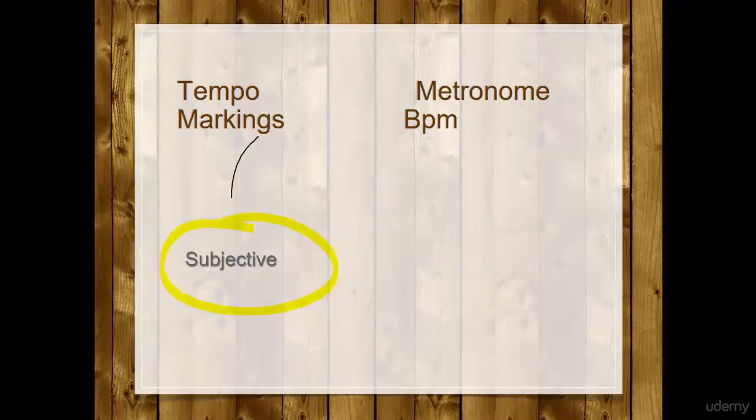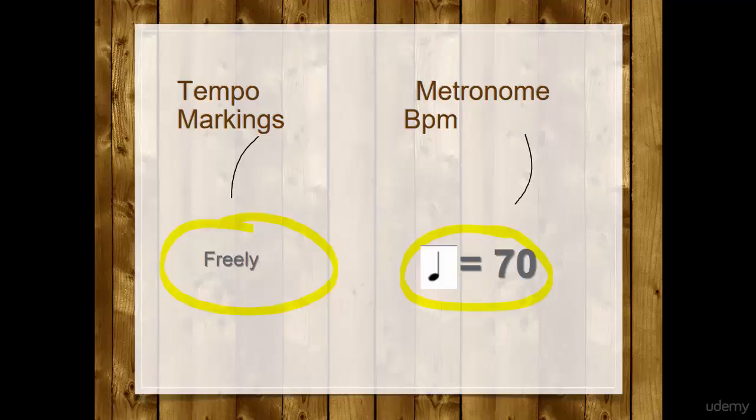So we can understand that tempo markings, even though they suggest a certain kind of speed, are kind of subjective, because they're not telling you it has to be 100 beats per minute or something like that. But the metronome indication is objective. It's telling you at which speed you must play that song.